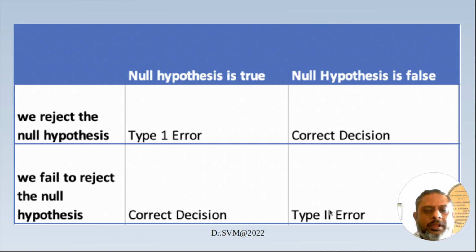So the overall thing is we need to look at how many type 1 errors there are, how many type 2 errors there are, and how much is the type 1 error and how much is the type 2 error.